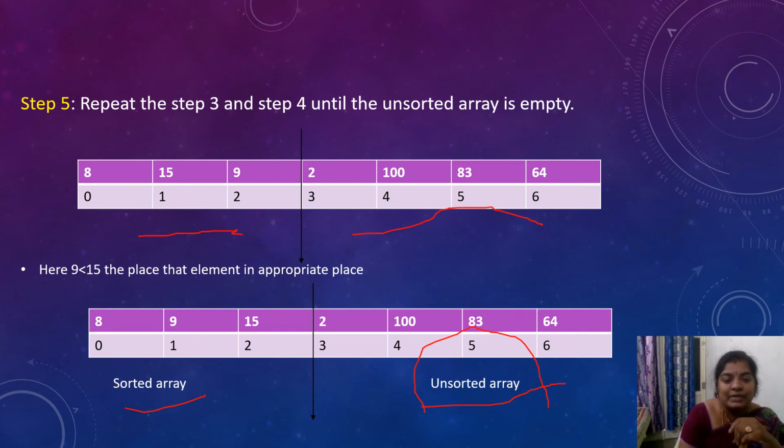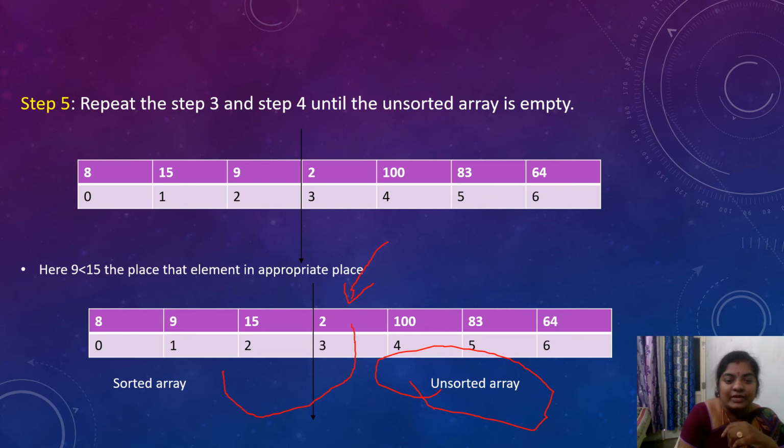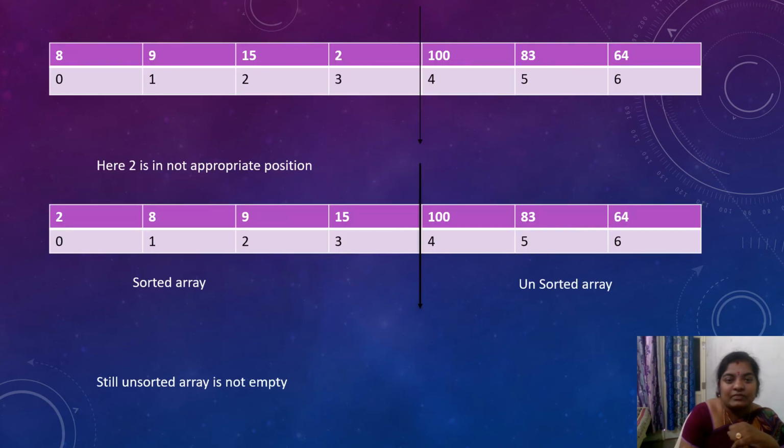So the same process means: now what is the first element of the unsorted array S? 2. So move this element to the sorted array and place this element 2 in the appropriate position. The remaining elements are 100, 83 and 64.